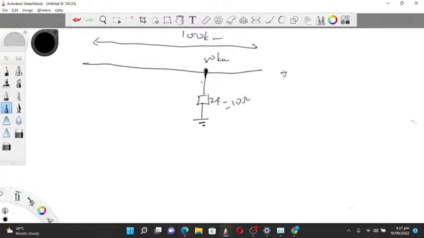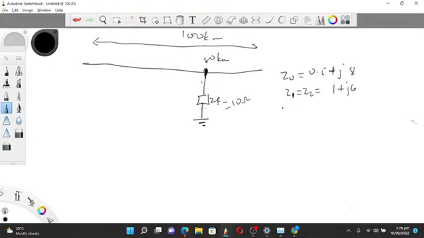They give the zero sequence impedance as 0.5 plus J8. They give the positive sequence impedance equal to the negative sequence impedance, 1 plus J6, and then the line impedance.